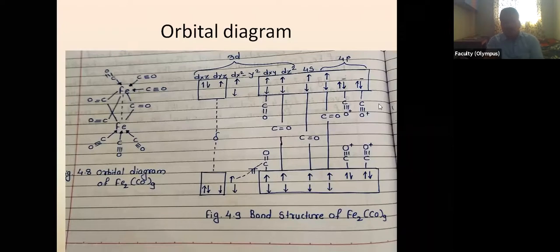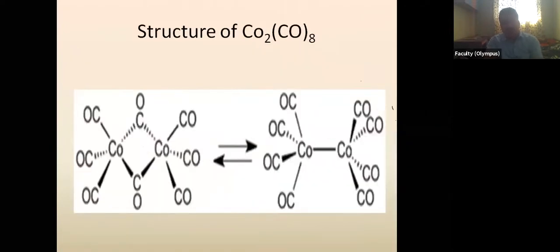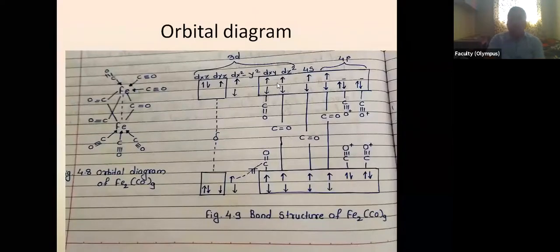Now, out of these 6 hybrid orbitals, two hybrid orbitals are empty, and 4 have one unpaired electron each. So these two carbonyls form a dative bond, a coordinate bond, with the Fe atom.